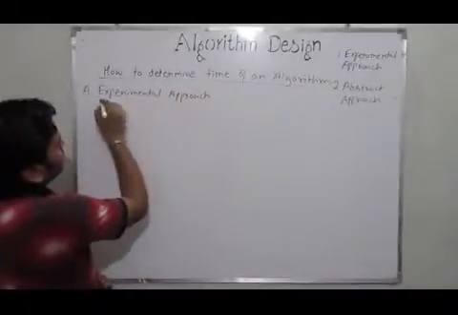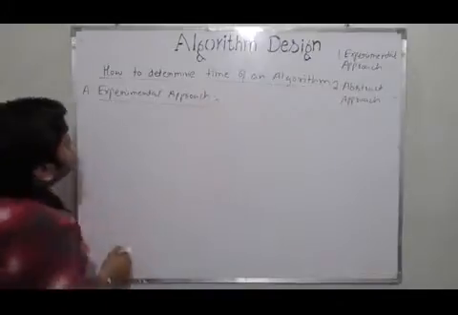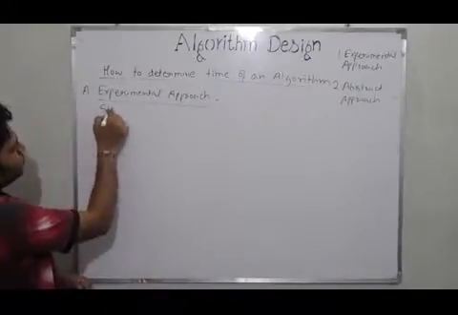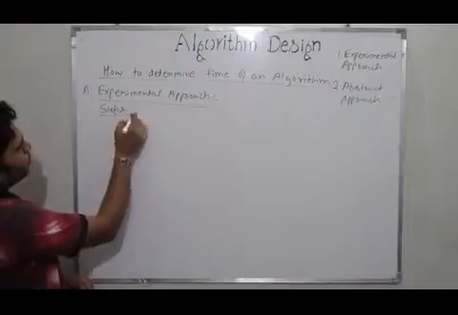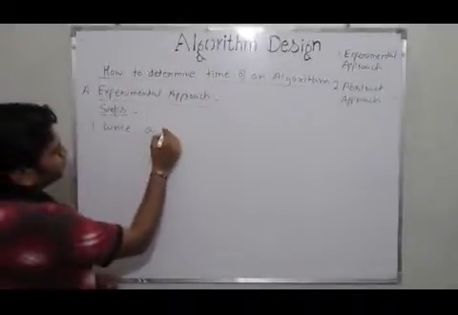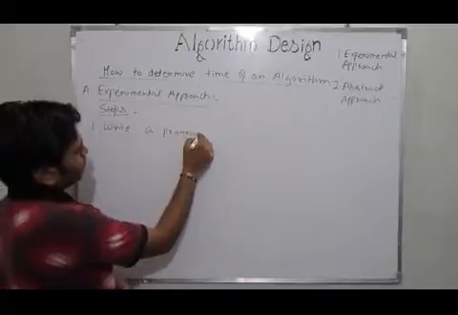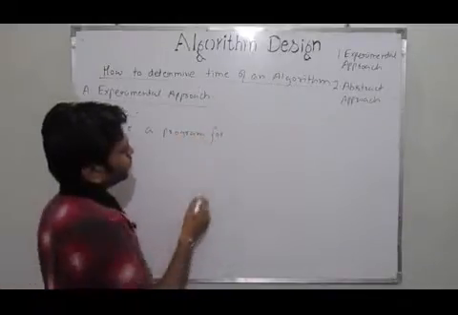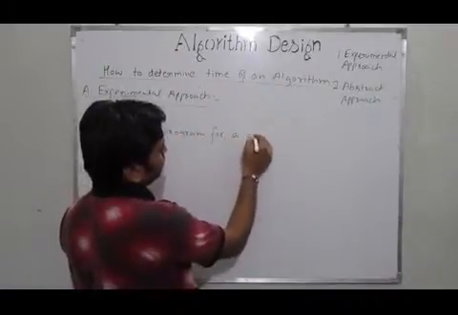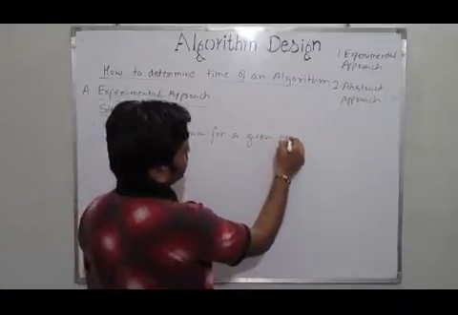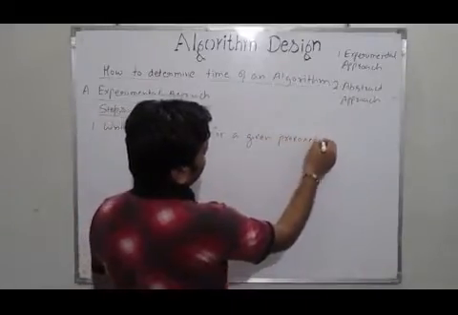What is the experimental approach? To determine the time of a given algorithm. So the basic steps that we have to follow under experimental approach includes write a program for a given proposed algorithm.